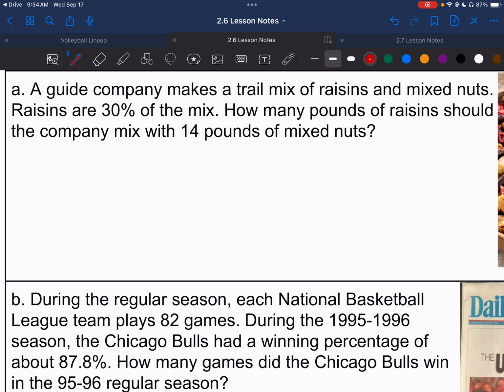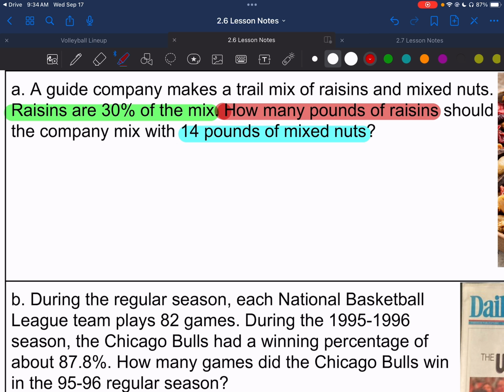So what information do we have here to start with? Well, first thing I have, raisins are 30% of the mix. I know I have 14 pounds of mixed nuts, and I want to know how many pounds of raisins the company should mix. So how do we set this one up?